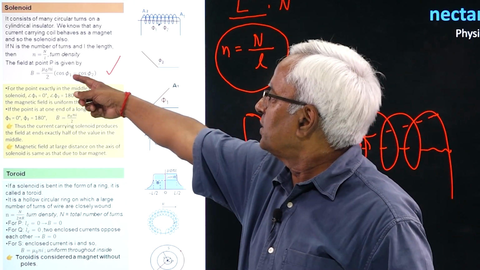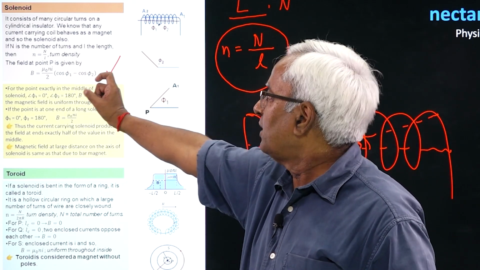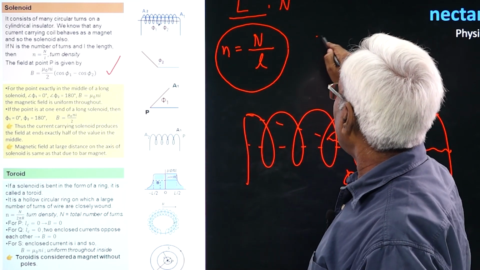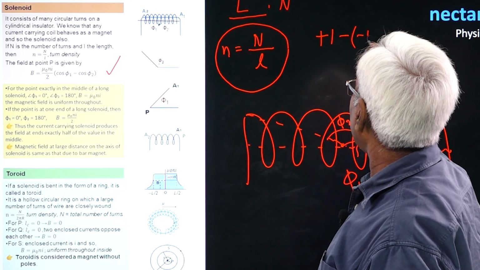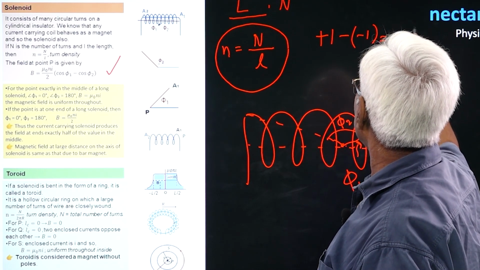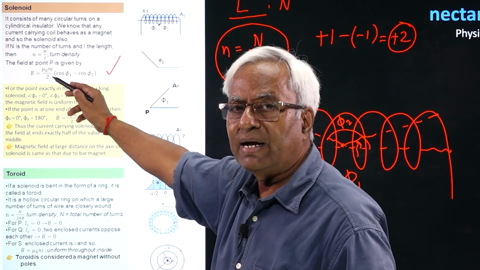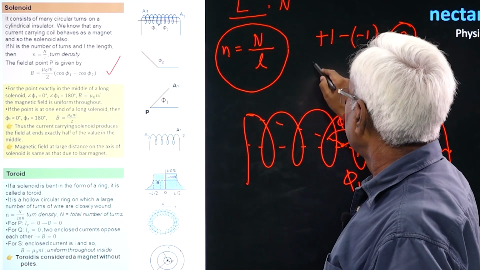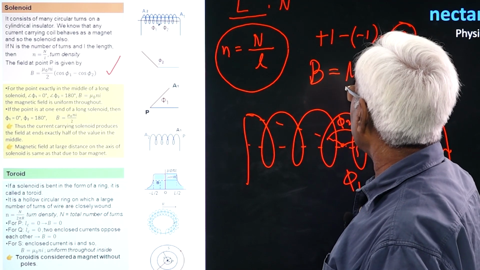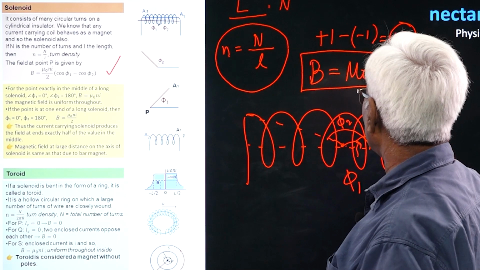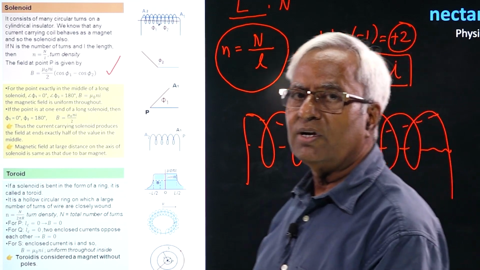Cos phi 1 will be plus 1, and cos phi 2 is going to be minus 1. If you put the values, plus 1 minus (minus 1), it is plus 2. This 2 will be cancelled by the 2 in the denominator, and ultimately you get the magnetic field inside the solenoid given by μ₀Ni.